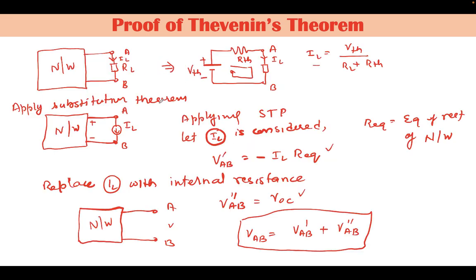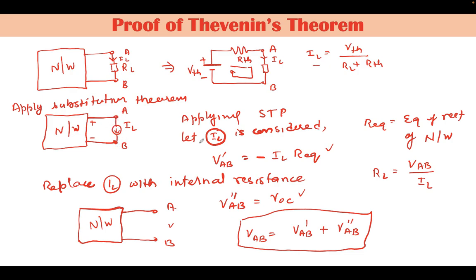Rearranging this equation, we can find RL in this network. For the resultant network, RL is equal to VAB upon IL when we consider the original network, which has terminal voltage VAB.